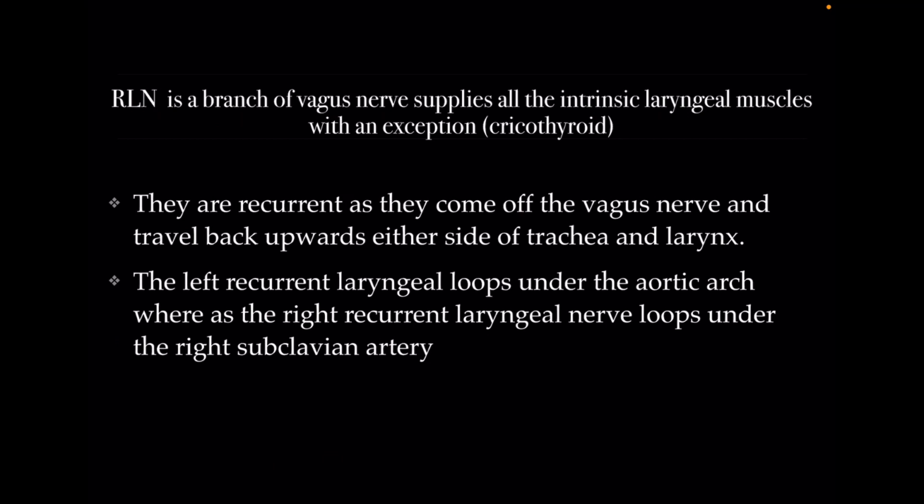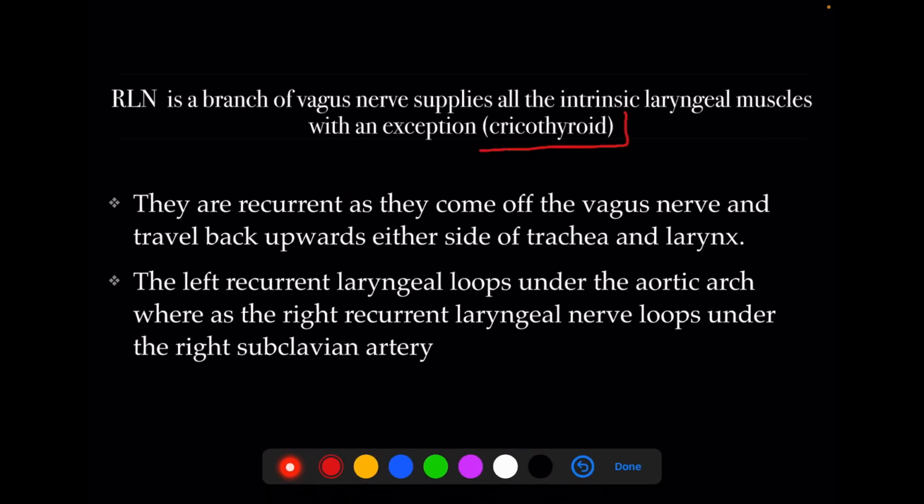Now, here are some of the important aspects of the recurrent laryngeal nerve. The recurrent laryngeal nerve is a branch of the vagus nerve and supplies all the intrinsic laryngeal muscles with the exception of the cricothyroid only. This one is an exception.